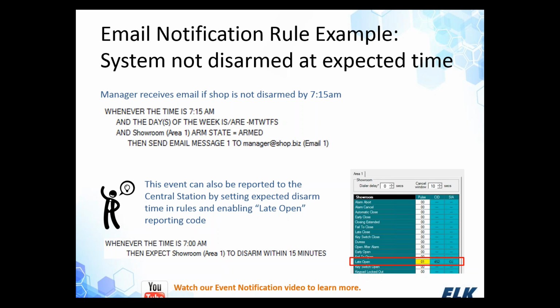Now, this event can also be reported to Central Station by setting up the late open feature, and that's under area report codes. So not only could we get a message to the manager, we can also send a message to Central Station that the system wasn't disarmed at a certain period of time.